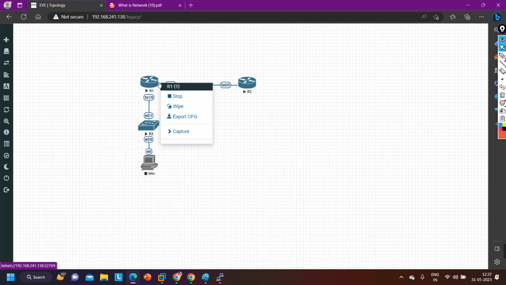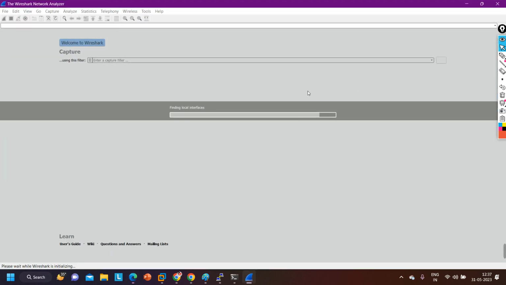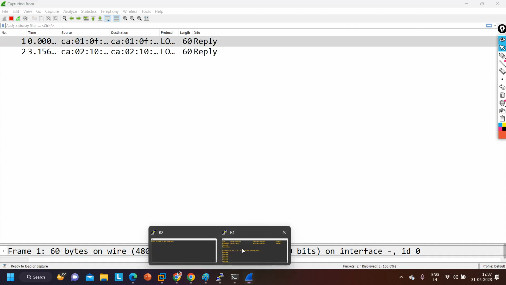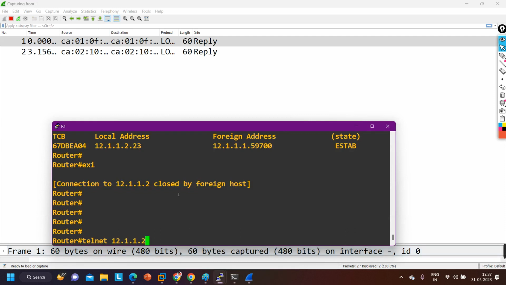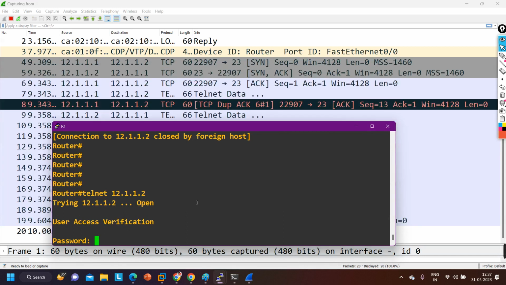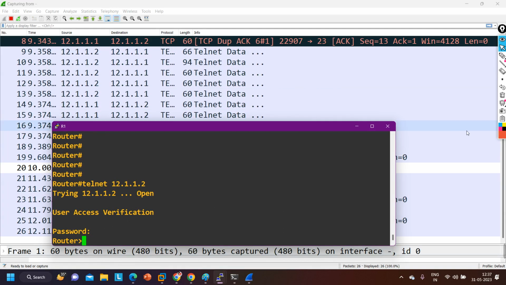See, I am going to capture the link again between router 1 and router 2. I have captured the link. It is sending some other traffic. Don't worry about the other traffic. Now, from router number 1, I am going to take Telnet again. Telnet 12.1.1.2. Password Cisco.